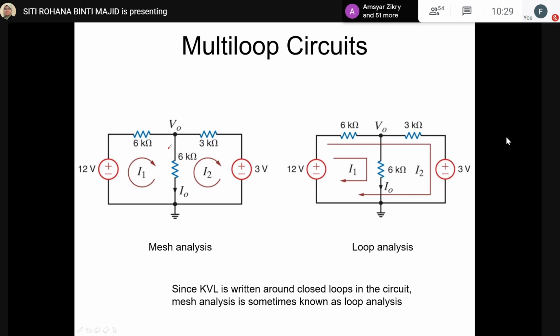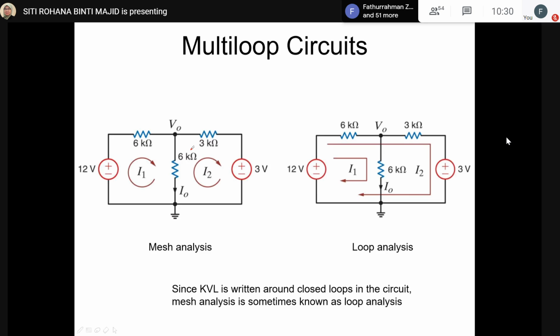Okay, that means for this loop is I1, and then for this loop is I2. So that means the current I1 will flow from 12 go to 6 kilo ohm, and then go down. Sorry, and turn, go back, return back to the 12. Okay, so you notice that in this 6 kilo ohm resistor here, I1 goes in, and at the same time I2 goes out from this 6 kilo ohm resistor.